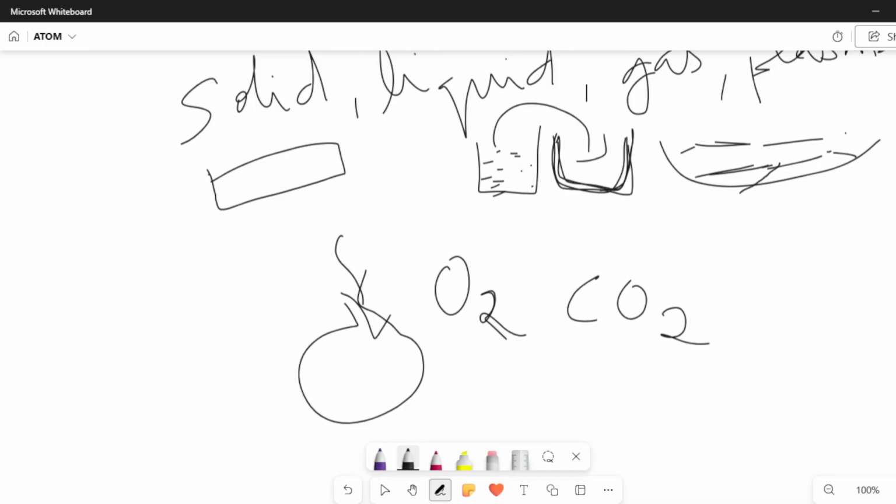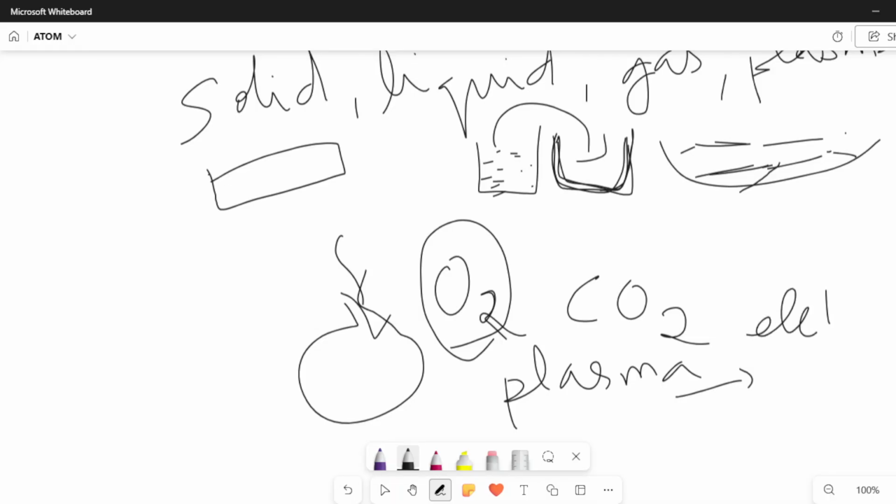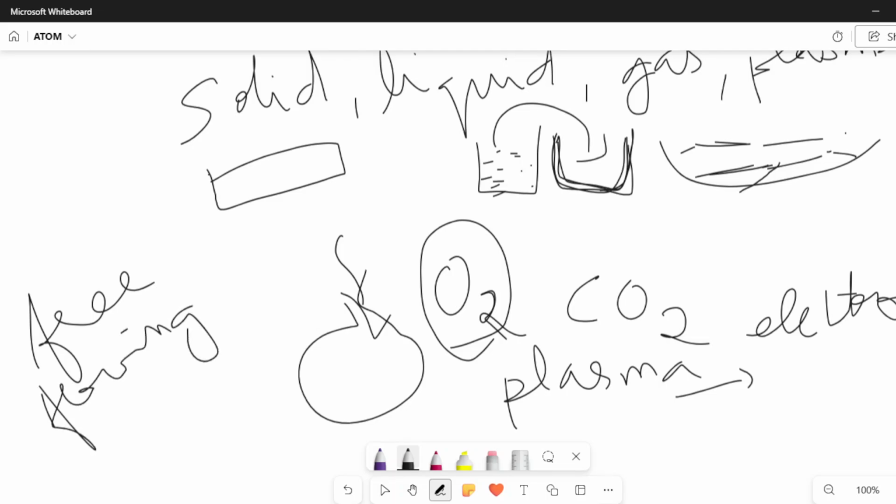The other one is plasma. If you see plasma, it is a highly heated gas. When any kind of gas is heated to a very high temperature, it loses some of its electrons and becomes a free-flowing stream of protons and electrons.